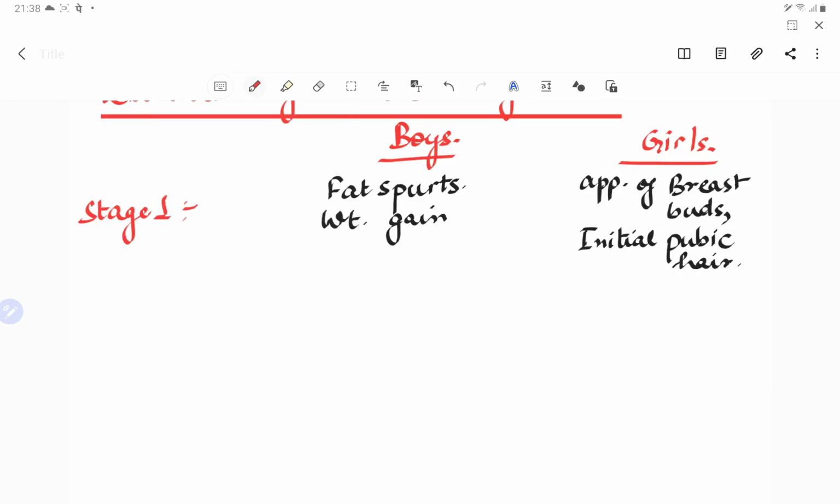Now talking about stage 2, which is about 12 months later to stage 1. In the girls it is the peak velocity of height.